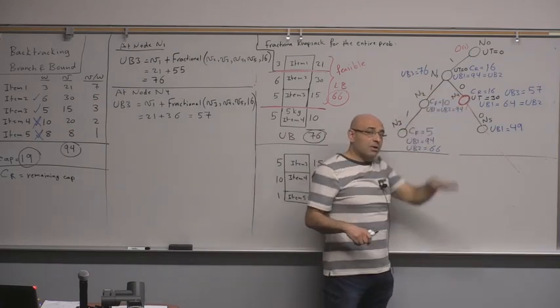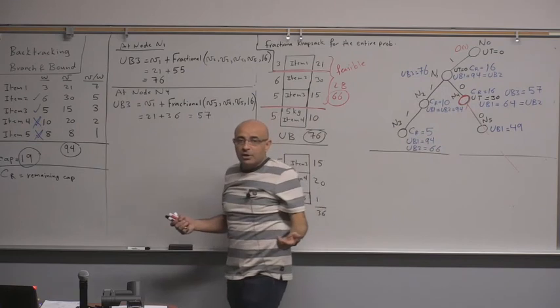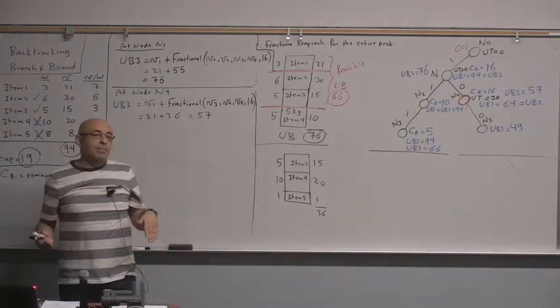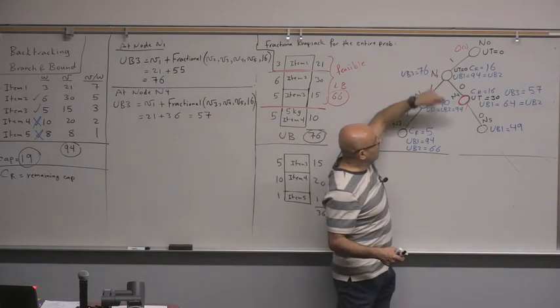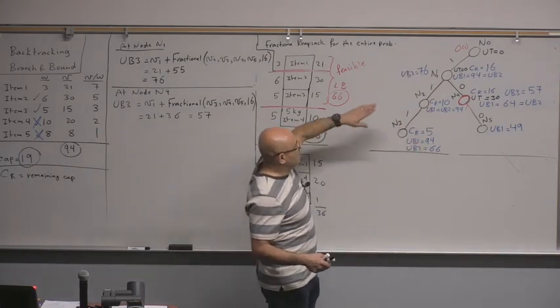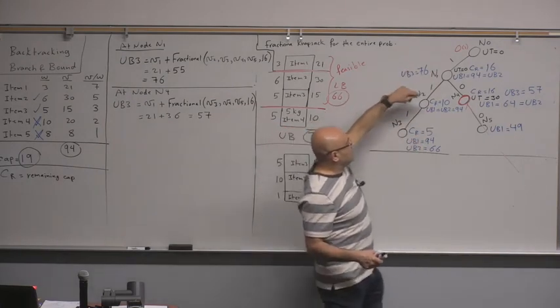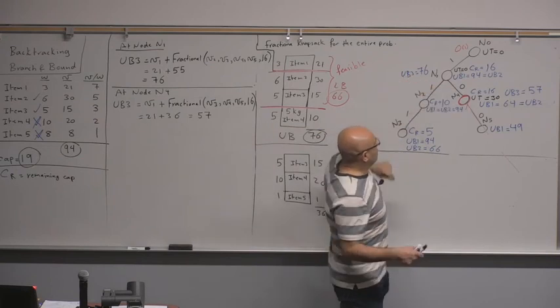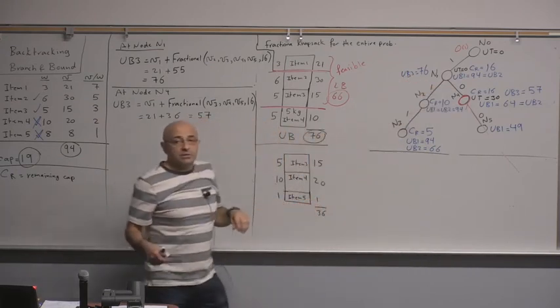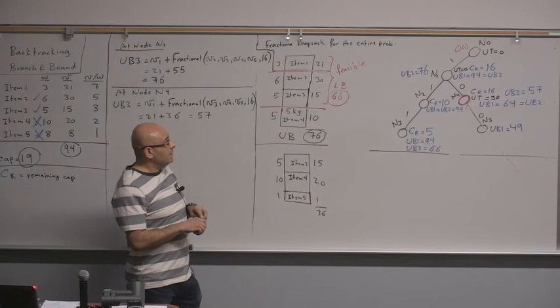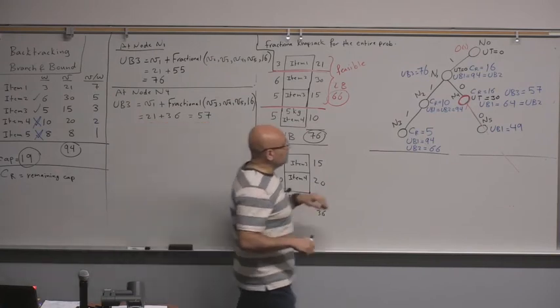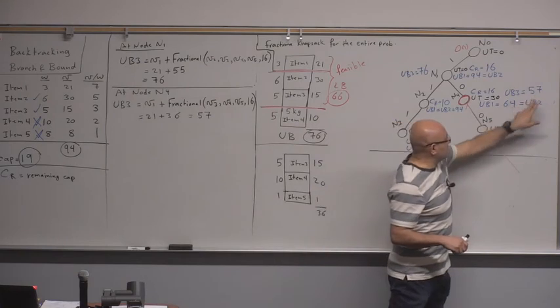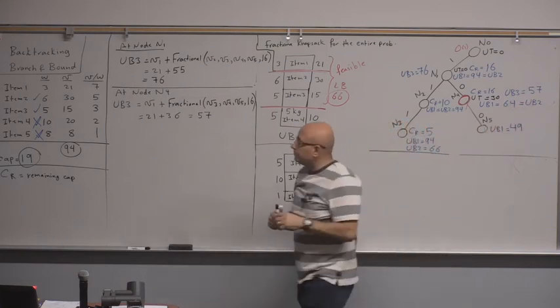The deeper you go in the tree, the more computation you do. So you would like the pruning to happen as early as possible, at shallow depths in the tree. You don't want it to happen deep in the tree. Okay? So now this gives us 57, this gives us 64.